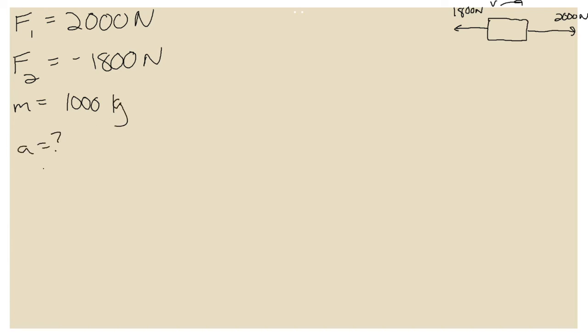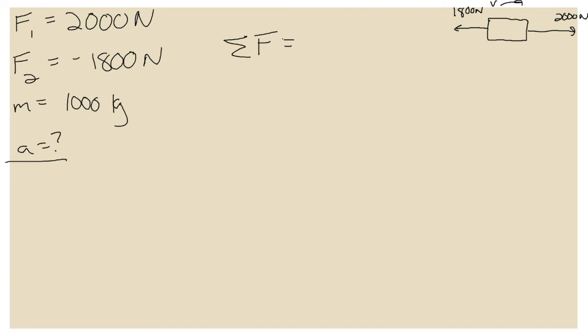So in order to solve for the acceleration, you have to know the sum of the forces, and you have to know the mass. We have the mass, but we don't yet have the sum of the forces. And so it's important to realize here, and as is the case in all problems really, the sum of the forces equation is dictated by the orientation of the forces. These forces are in opposite directions.